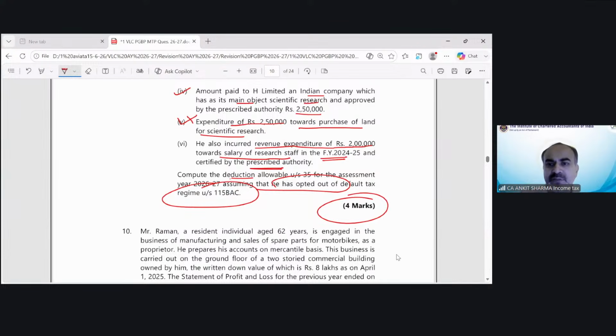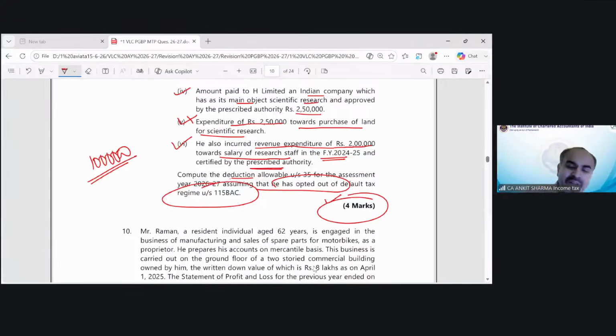Let me see the answers. Point number 6 is allowed expenditure, of course. So point number 6 is also allowed. So all the allowed expenditure, if you aggregate, the answer would be 10 lakh rupees. This is for 4 marks.